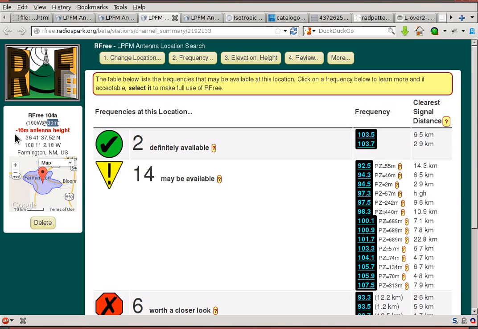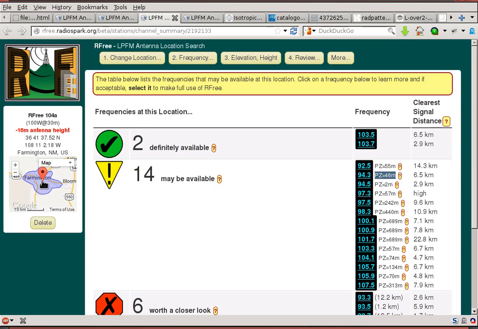Now, you don't want to dig a well and put your antenna in it. It's really not going to work very well. So the better idea is to raise your antenna up above the ground. But know that the calculation was made as though it was possible for an antenna to be at minus 16 meters underground. And that's what produced this contour, and that's what produced this prohibited zone.